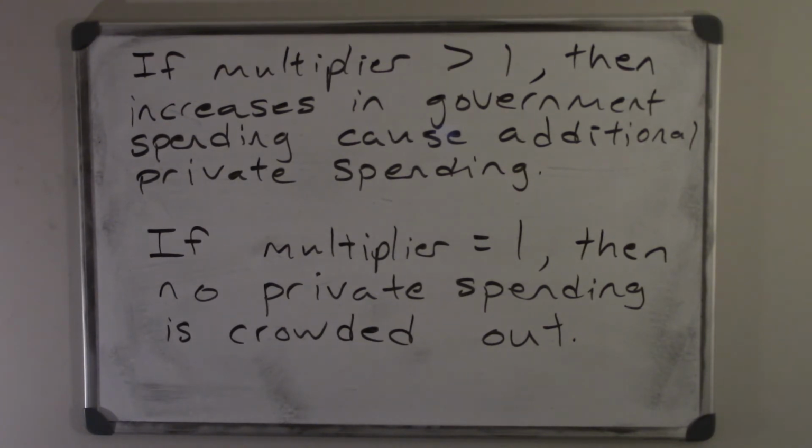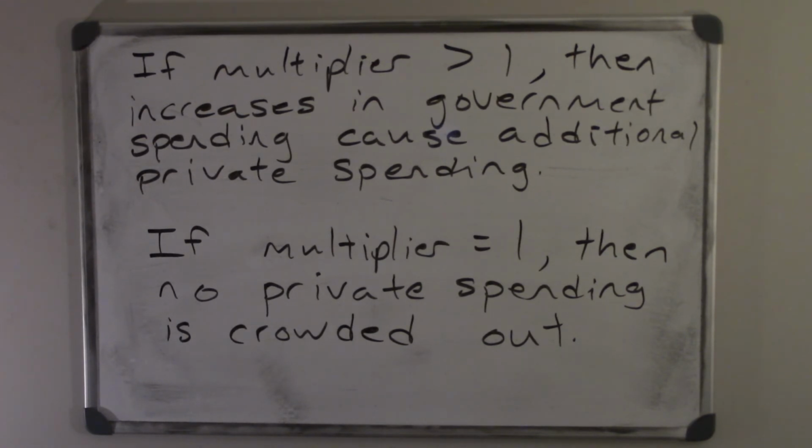So maybe a $100 million increase in government spending nets out to a $150 million increase in aggregate demand. So 100 million from the government, then 50 million from the increase in private spending.